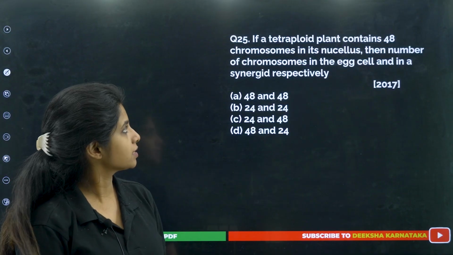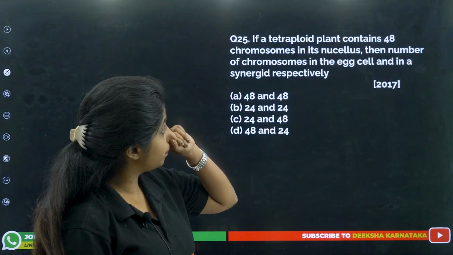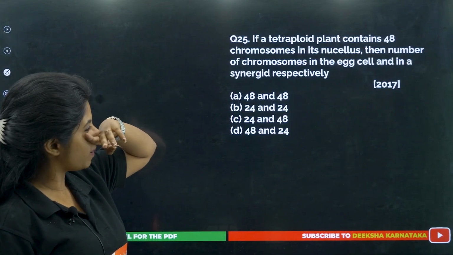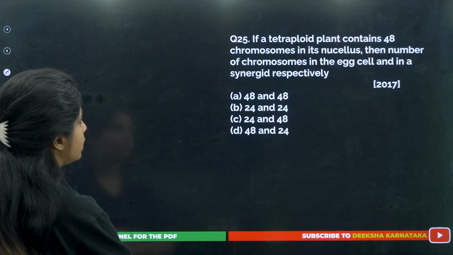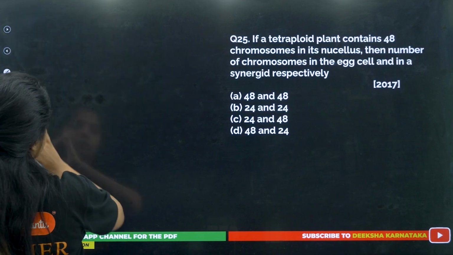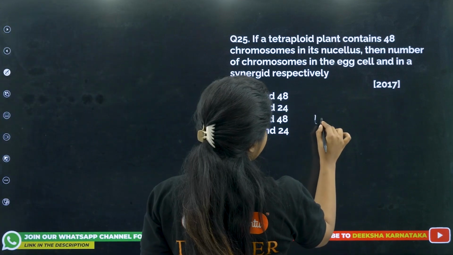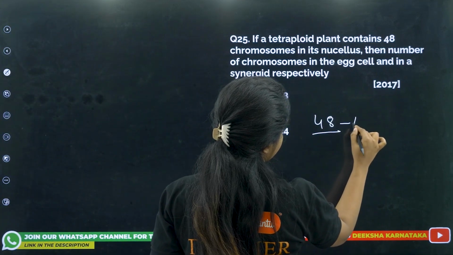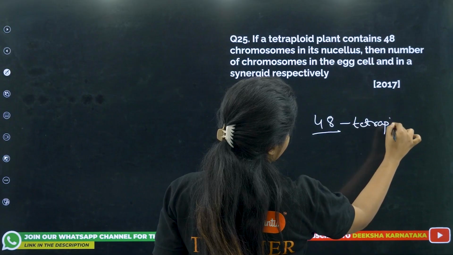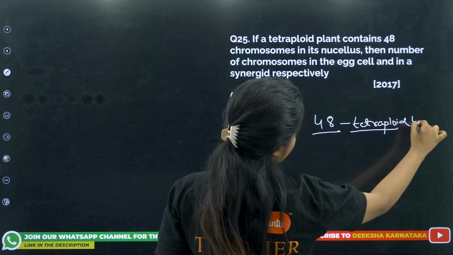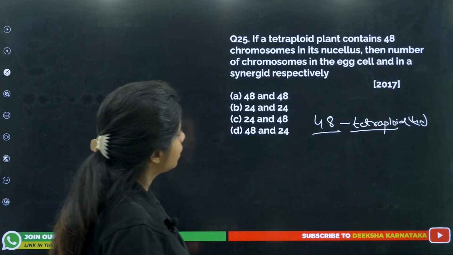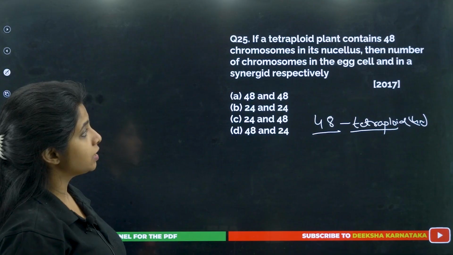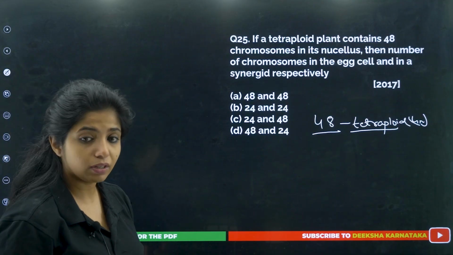Next. If a tetraploid plant contains 48 chromosomes in its nucleus, the number of chromosomes in the egg cell and in synergid respectively will be?